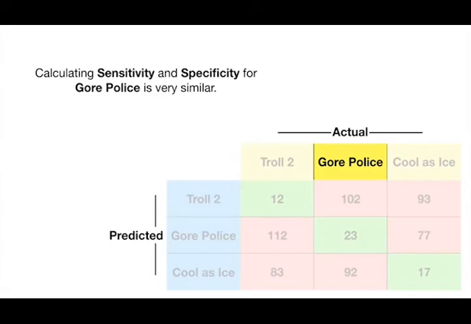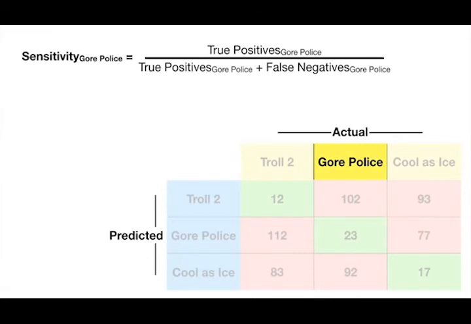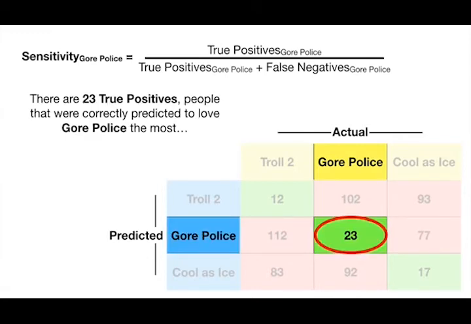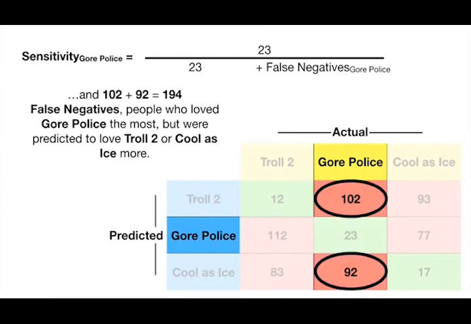Calculating sensitivity and specificity for Gore Police is very similar. Let's start by calculating sensitivity. There are 23 true positives, people that were correctly predicted to love Gore Police the most.